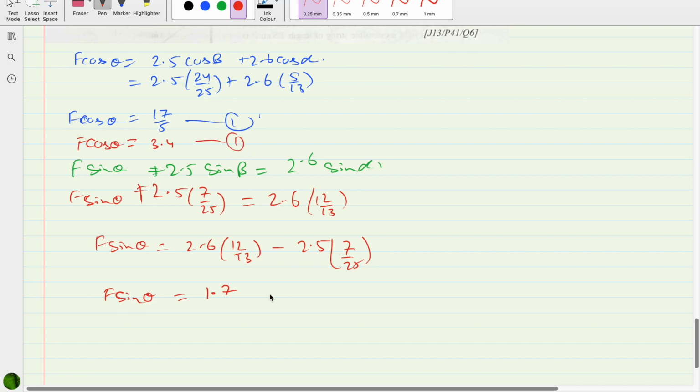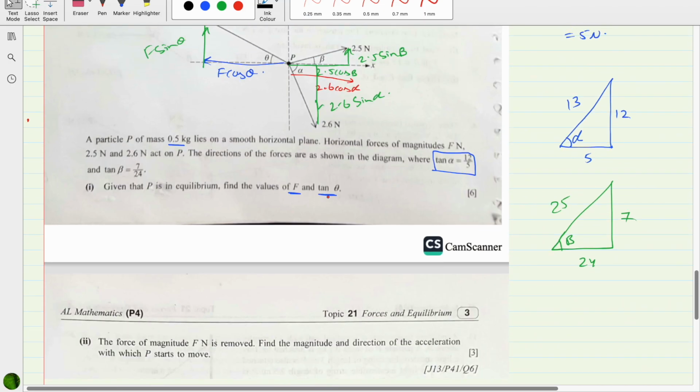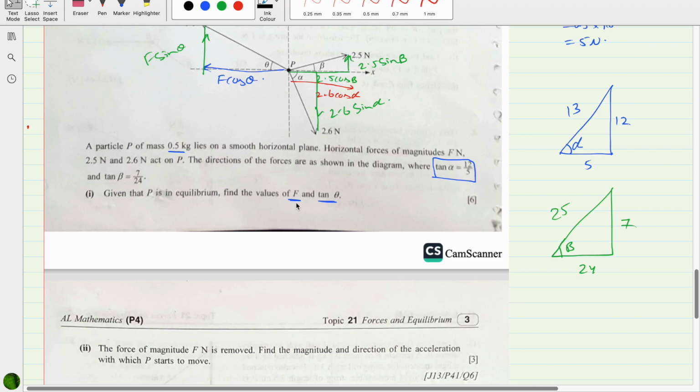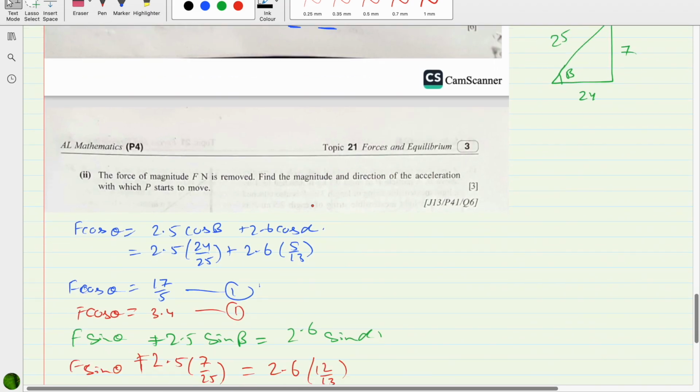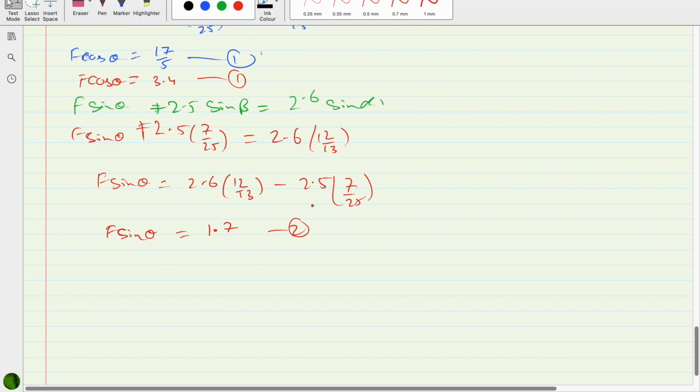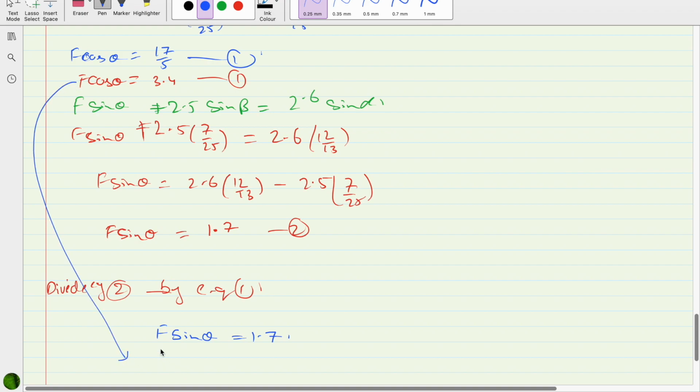Now we have equation 1 and equation 2, and the demand of the question was to find the values of F and tan theta. So if I just divide these two equations, dividing equation 2 by equation 1, equation 2 is F sine theta equal to 1.7, and dividing by equation 1, F cos theta, on the other side is 3.4.